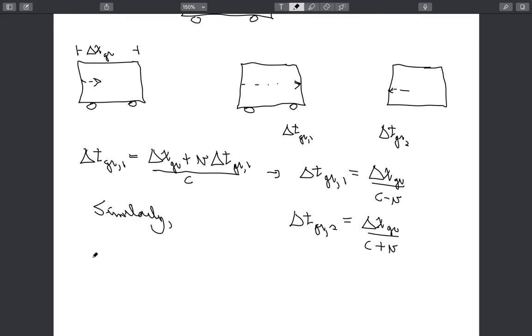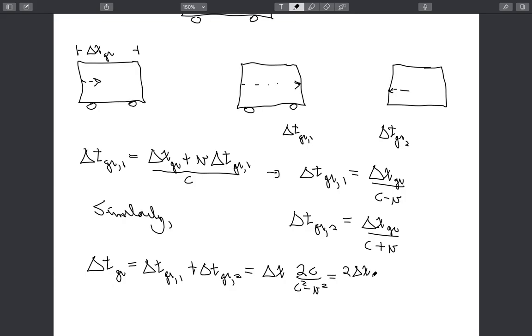It means that the total delta t on the ground, which is the sum of the two, you can just add them up, right? So it's delta x times 2c over c squared minus v squared. Okay, which you can just rewrite if you want as 2 delta x ground over c with 1 over 1 minus v squared over c squared. So this factor is just some gamma squared factor that we have there.